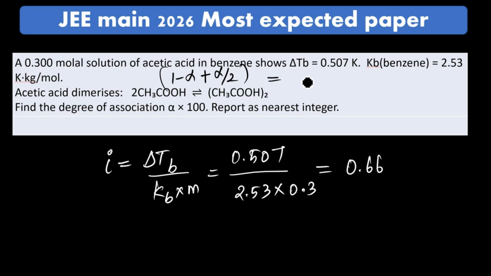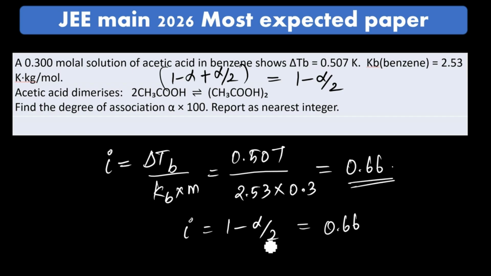So overall that will be 1 minus alpha by 2. So i is equal to 1 minus alpha by 2, that is equal to 0.66. That's what we found from the first step. So now find out alpha from here. If you do the calculation, you'll end up with the alpha value as 0.66.